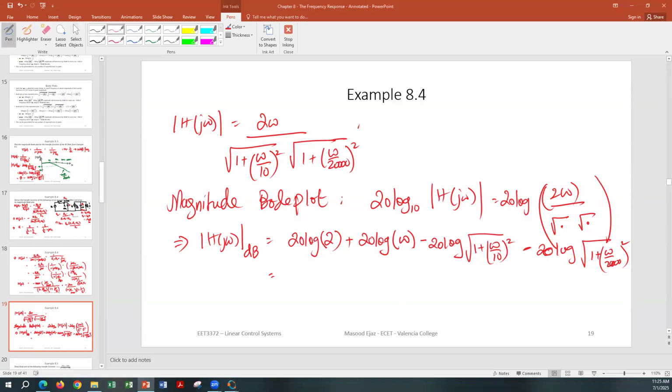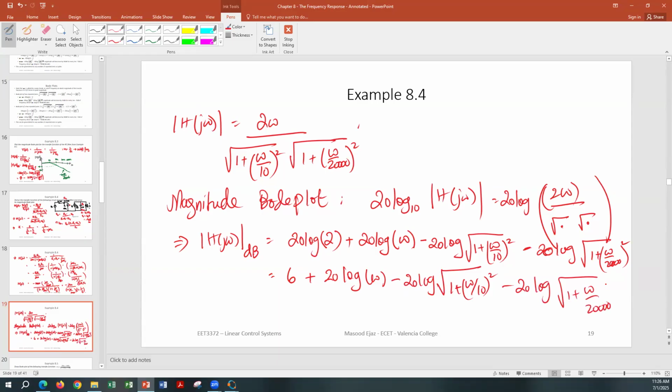So let's just do 6. 6 decibel plus 20 log omega minus 20 log square root of 1 plus omega over 10 squared, minus 20 log. Okay, we don't have to go further than that.